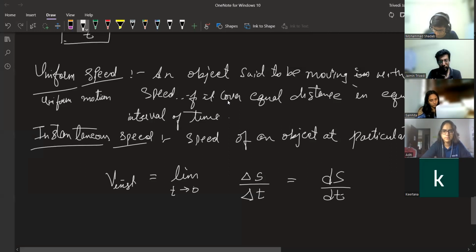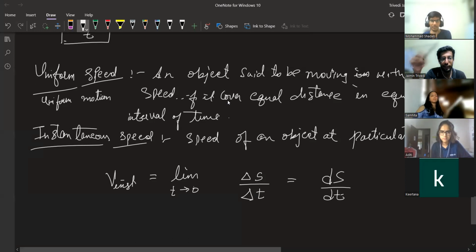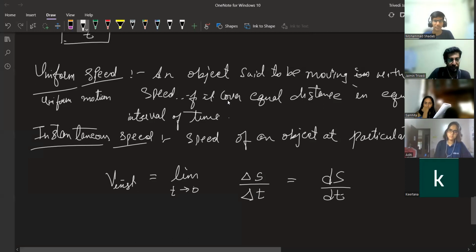So we will differentiate distance with respect to time. But we'll use this for displacement also, right? So we'll change this to x. Distance we'll take as x and displacement we'll take as s. It's just a variable, you can take any variable.